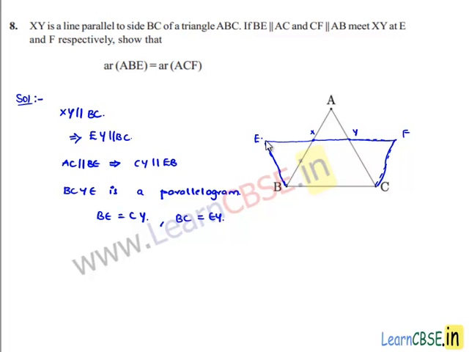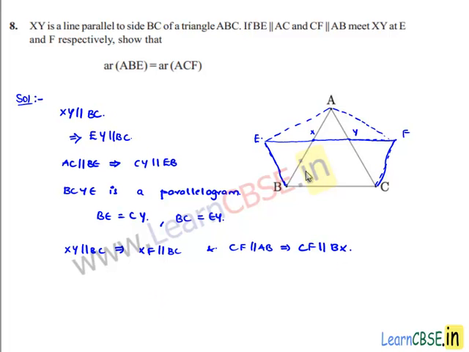Let us also join AE and AF. Here we need to prove that area of triangle ABE is equal to area of triangle ACF. Now let us consider the quadrilateral BCFX. In quadrilateral BCFX, XY is parallel to BC, which implies XF will be also parallel to BC, and as CF is parallel to AB, we can say CF is also parallel to BX.